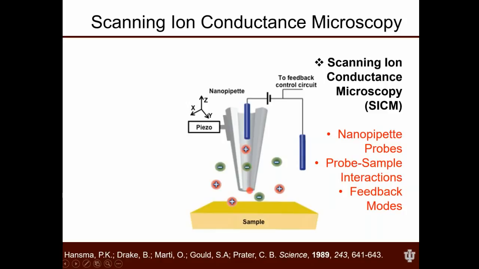A current of ions then flows through this pipette tip based on the potential applied, and this current is what's measured typically in the feedback loop that goes to this control circuit. Okay, so the position of the pipette then can be controlled in the X, Y, and Z dimension with this piezoelectric positioner, which essentially holds the pipette and moves it at very high spatial accuracy.